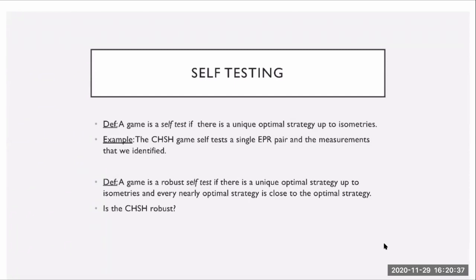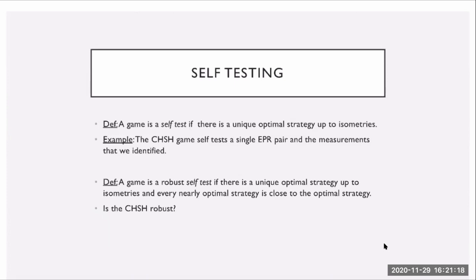So if you want to win with 99% probability, you only perturb the optimal strategy, you change it only a bit, and you get a strategy that wins with probability 99%. And this is the only way of getting a strategy that wins with such a high percentage. So a game where every nearly optimal strategy is close to the optimal strategy is called a robust self-test. So we have a self-test, which has a unique optimal strategy, and a robust self-test, where every almost optimal strategy is close to the unique optimal strategy.